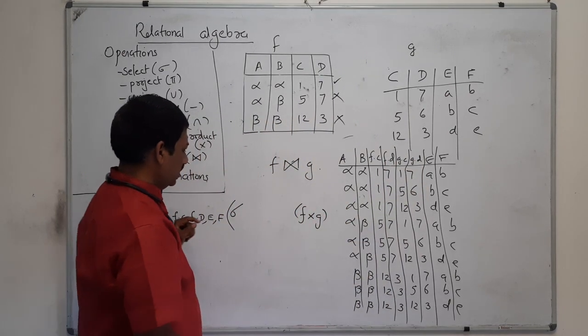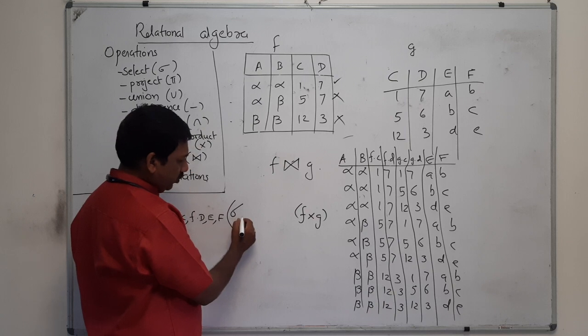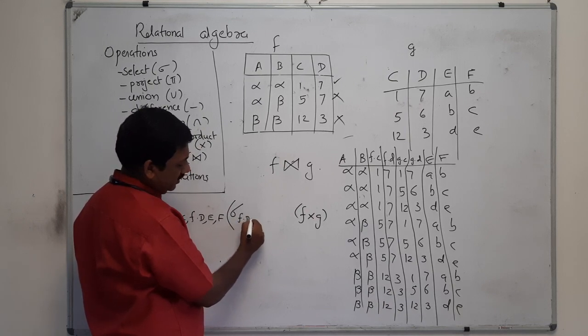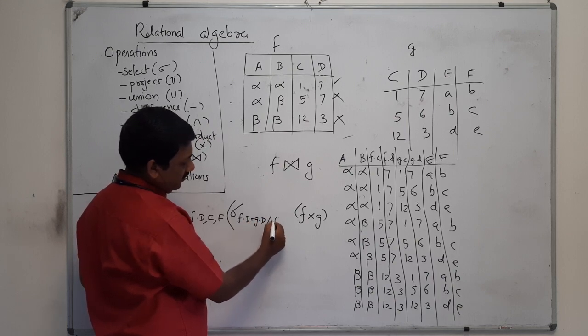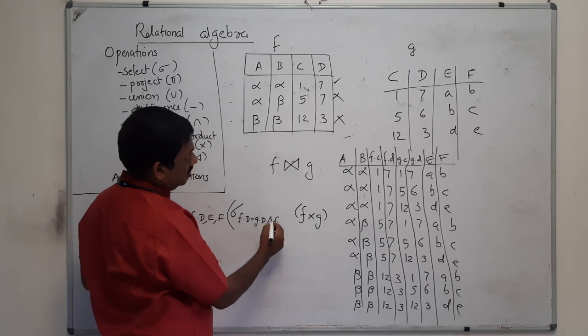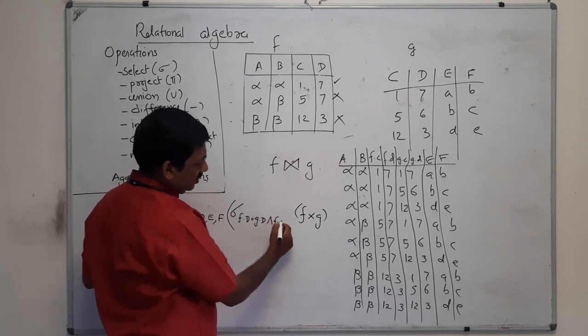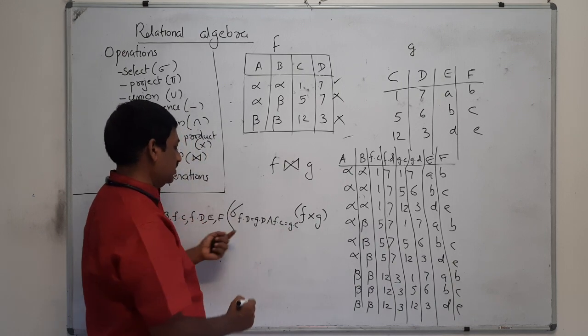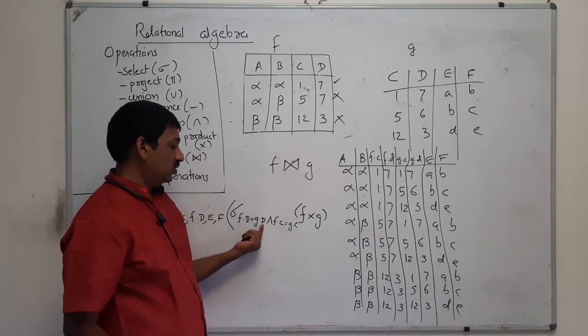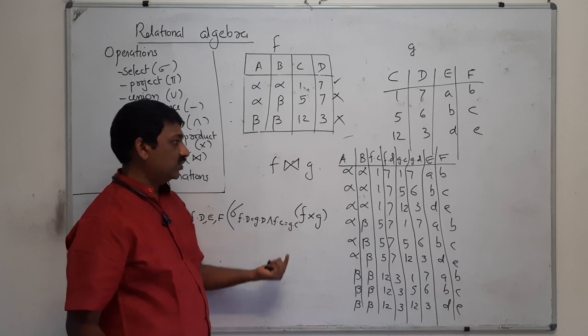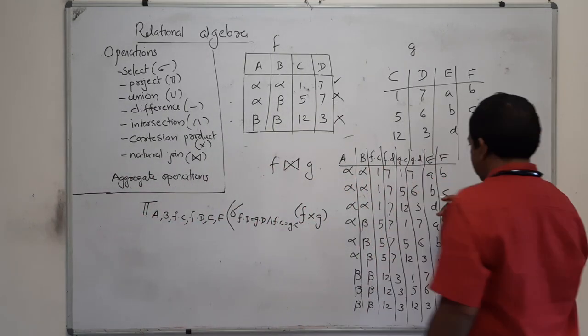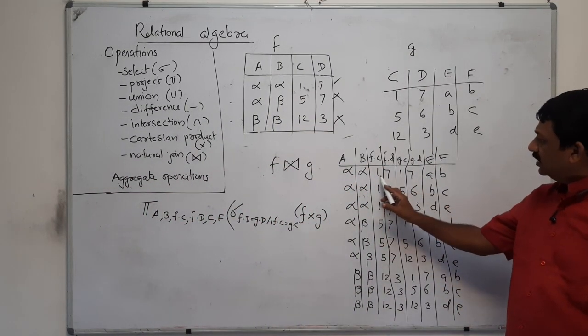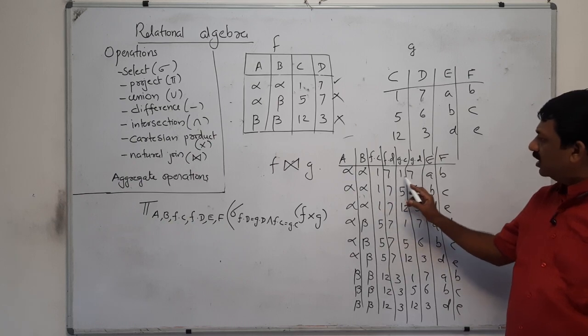That means here I am going to have a statement like F.D equal to G.D, and F.C equal to G.C. So see here F.C and G.C are same, F.D and G.D are same.